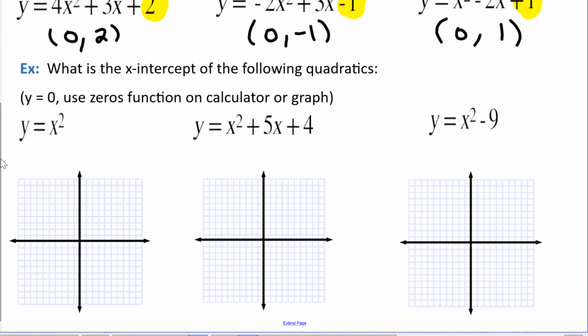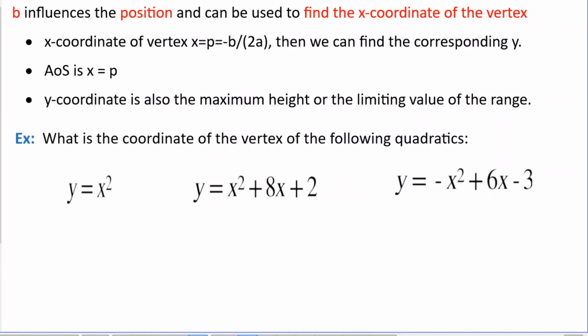In terms of x-intercepts, we're going to come back to this when we start to use our calculator. The B value, the last thing, doesn't actually tell us anything, but we can use it to help find the position of the vertex. So B kind of moves our parabola shape around the graph, but not in a very explicit way.